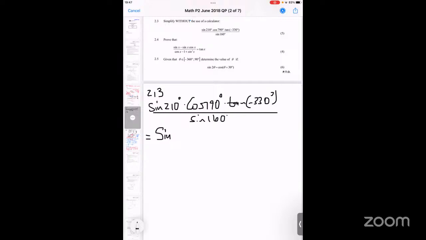So we are going to reduce them to their acute angles. For sine, we say 180 degrees plus 30. Then cos 790 minus 720.